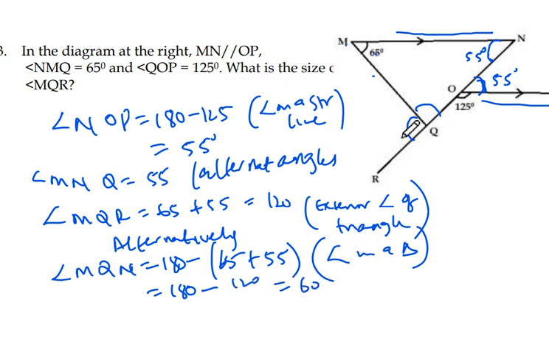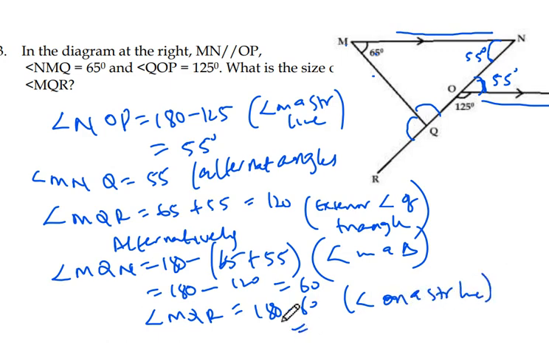Alright, so angle MQR is equal to 180 minus 60, because this is a straight line, and angle on a straight line is 180. 180 minus 60 is 120 degrees. So either of both methods will give you the answer.